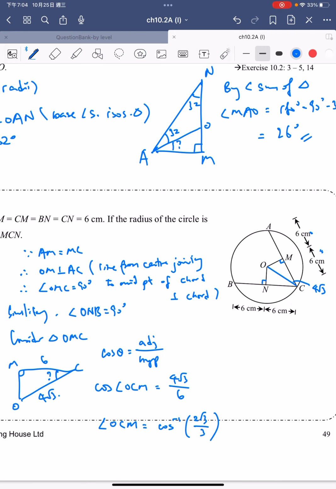Just press the calculator and you will get the answer. Alright, so the required angle is the double of MCO, because OCN and MCO are the same. So the angle of MCN is equal to double the angle of OCN.